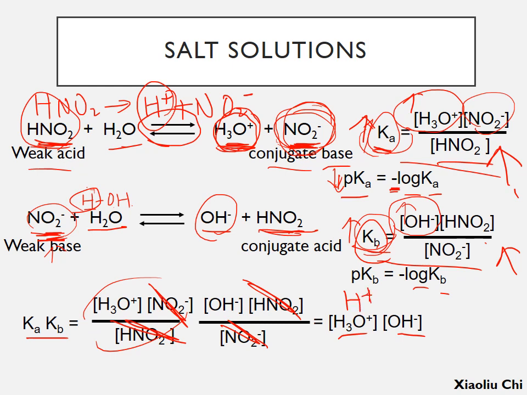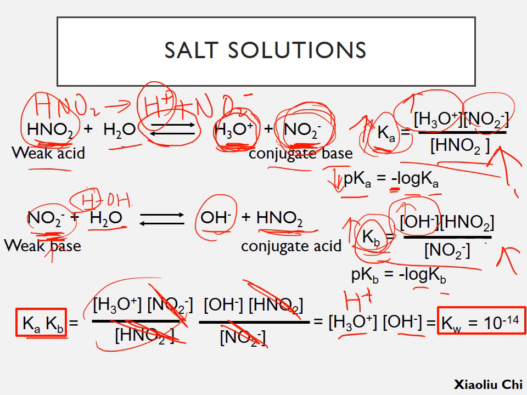This is the product of hydrogen and hydroxide, and that's Kw, the water ionization constant, which is 10 to the minus 14. So here we have an important equation: Ka multiplied by Kb gives you a constant, 10 to the minus 14, the water ionization constant.